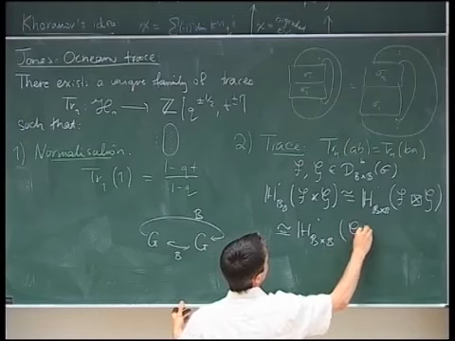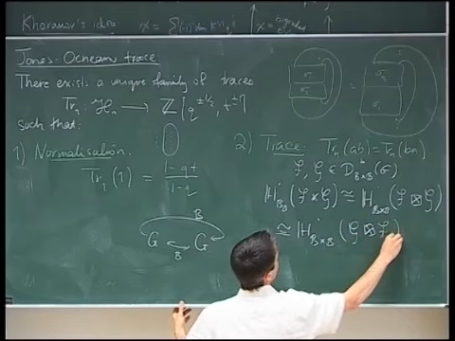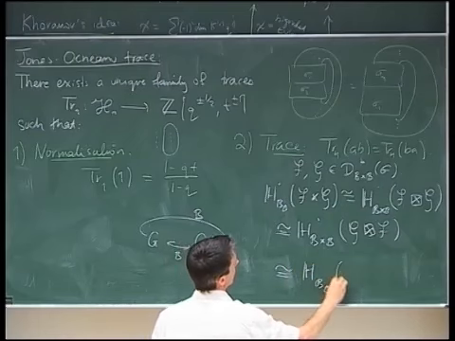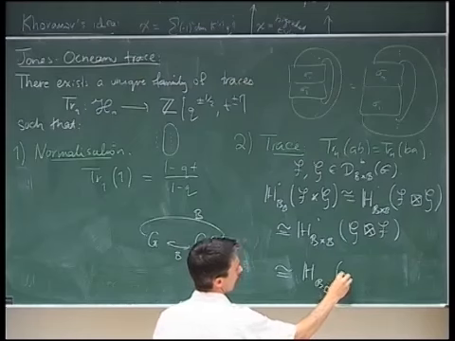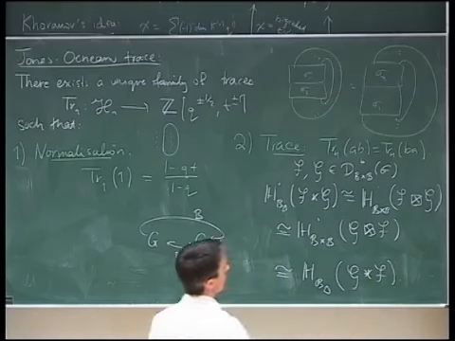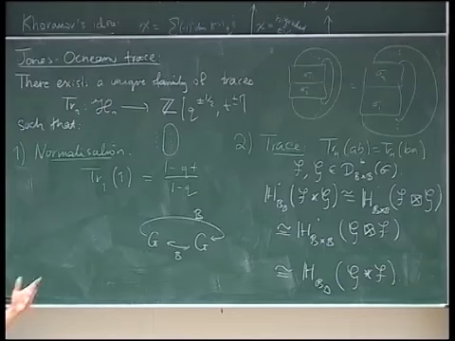Equivariant homology of G, F. And by the definition of convolution, that's the B delta equivariant homology of G convolved with F. So that's why it satisfies this trace property.